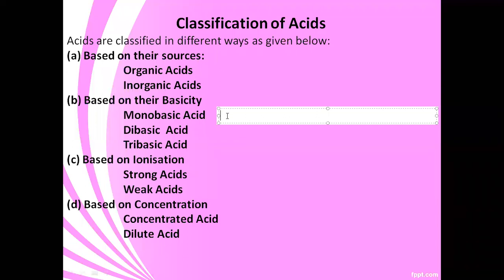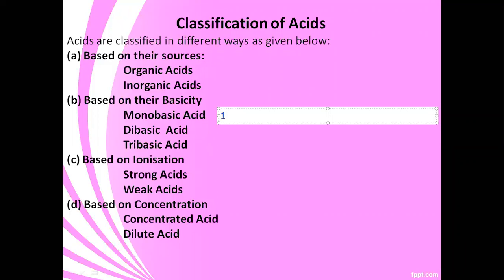When the acid is dissolved in aqueous solution, hydrogen ions are produced. If only one hydrogen ion is replaceable per molecule, that is called monobasic acid.